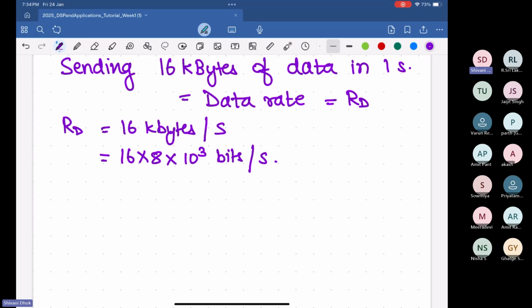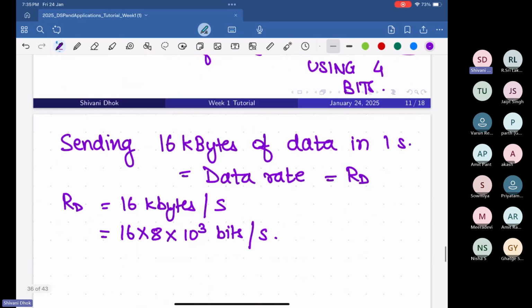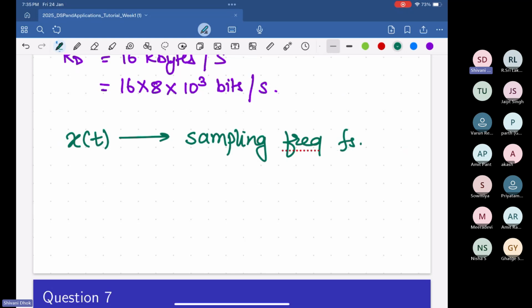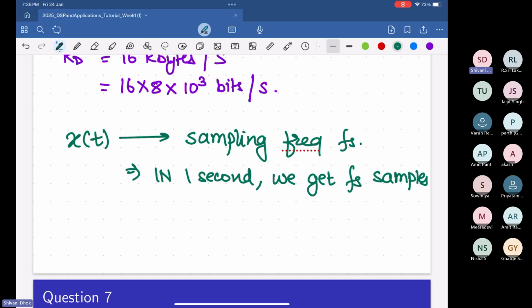Okay, so we have this continuous time signal, and we sampled it using sampling frequency, let's say Fs. This means that in 1 second we get Fs samples, and one sample is represented using 4 bits.